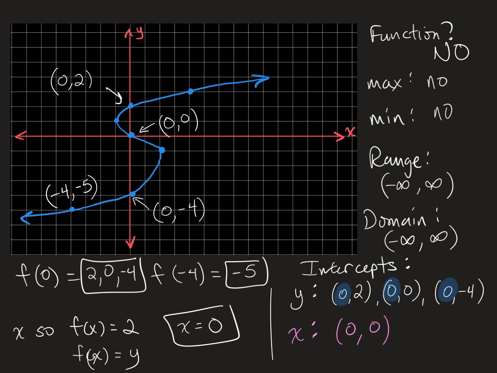And as a reminder here, the y-coordinate will be 0 when you're finding your x-intercepts. So this leads to a nice little discovery here. The point at the origin, (0, 0), can both simultaneously be a y-intercept and an x-intercept. And that will be the only point that can be both at the same time because it is on the x-axis and the y-axis at the same time.